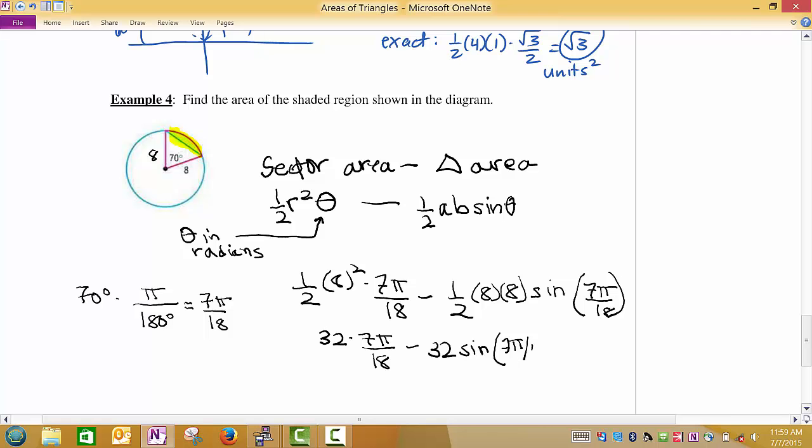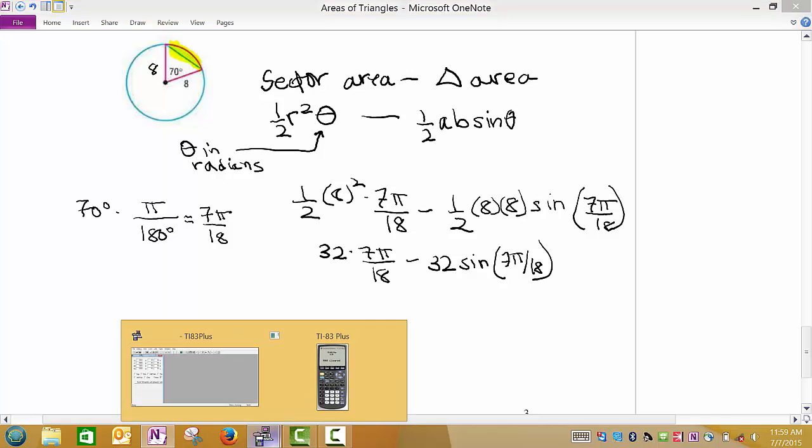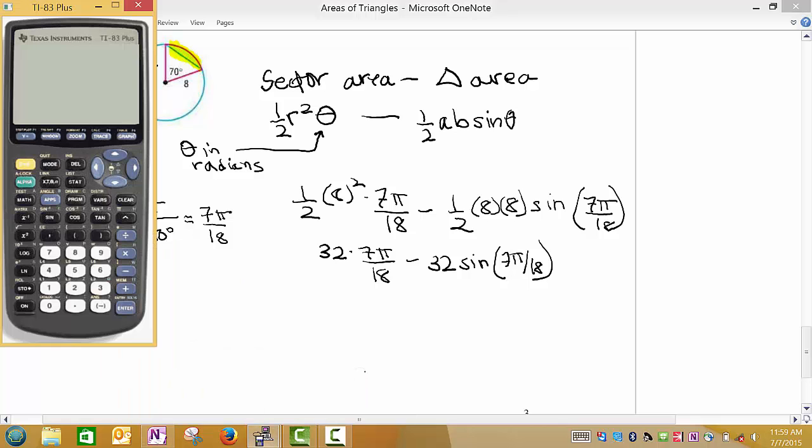We can grab a calculator any time here and evaluate that. We could factor out a 32, but let's get a calculator because we're going to want an approximation anyway. That's not a very nice value. So 32 times 7 pi over 18 minus 32 times sine of 7 pi over 18.